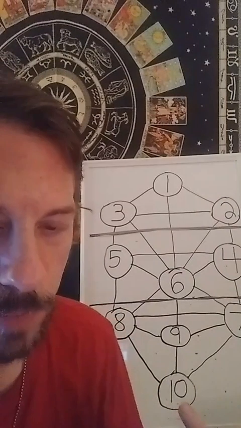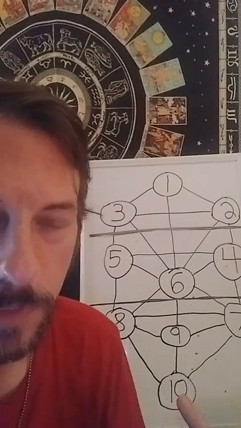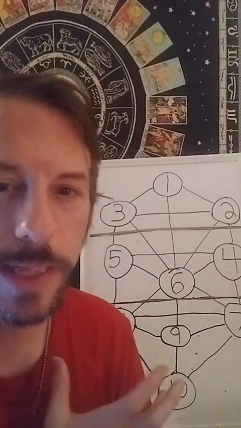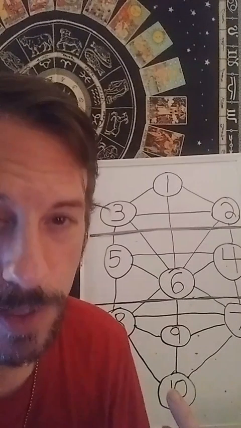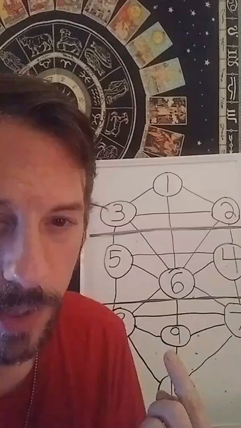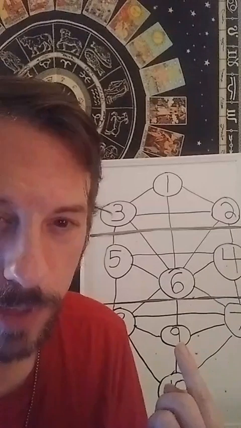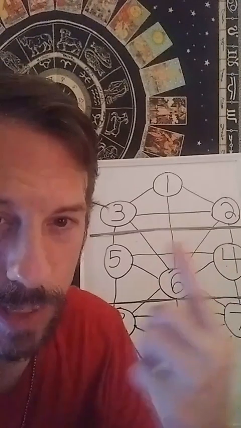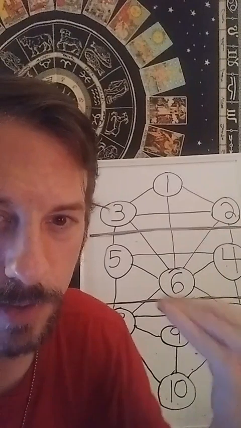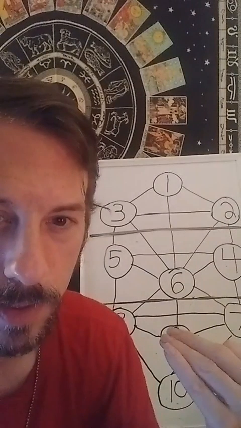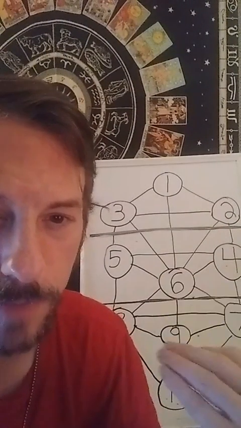Remember, 10 represents the physical universe. This is basically a big symbol system, okay? 10 represents the physical world. 9 represents the astral realm right above us. Really, all of these represent the astral or the different layers of the planes above us, above the physical.